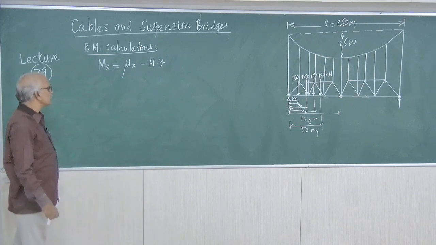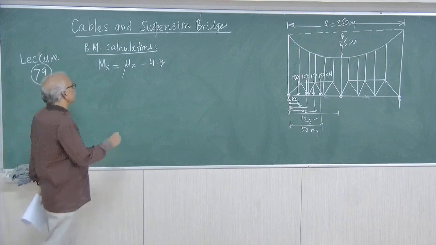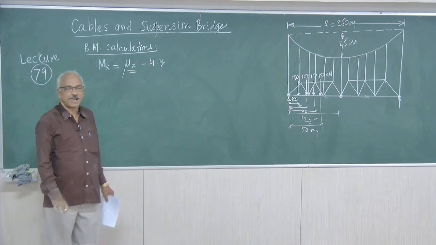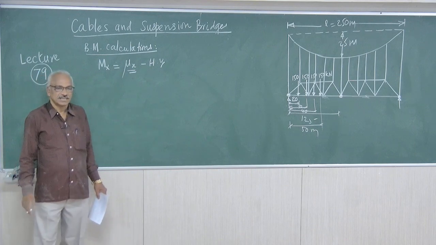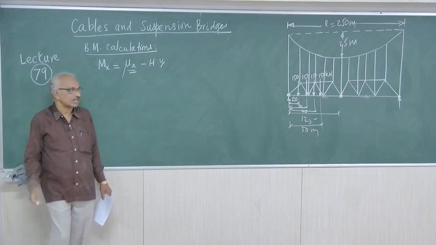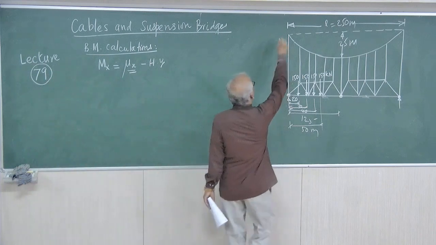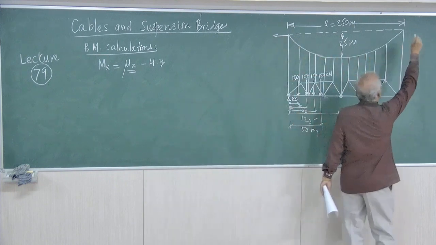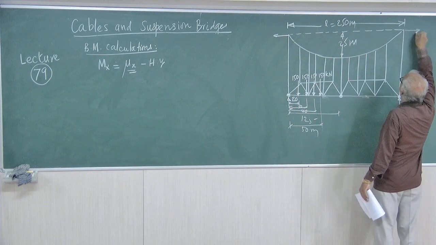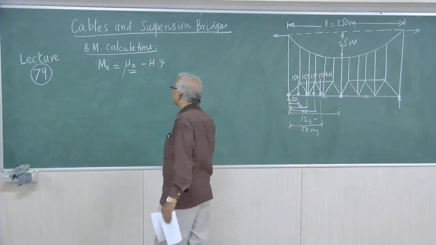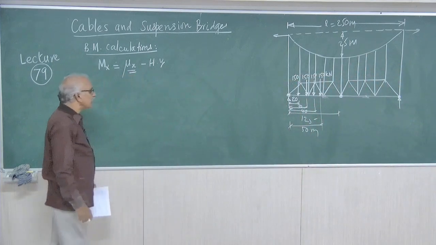Mu X is the bending moment as a simply supported beam. H into Y is the reduction in bending moment due to the horizontal tension. So it is the beam bending moment minus the bending moment reduction due to the horizontal tension.